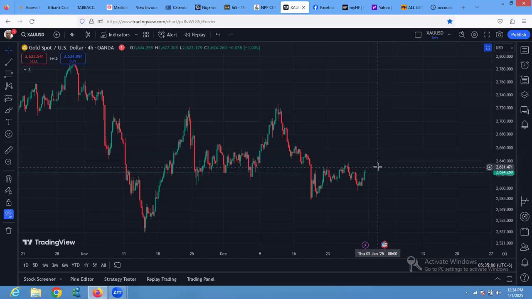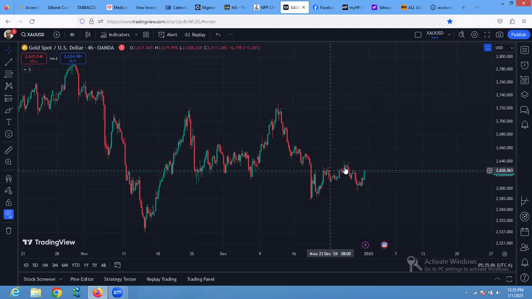So what I'm trying to say is, if you get a buy setup around this area, take it, because this may have finished the correction to the upside and price may be giving you an opportunity to sell from here. That is how we can relate.